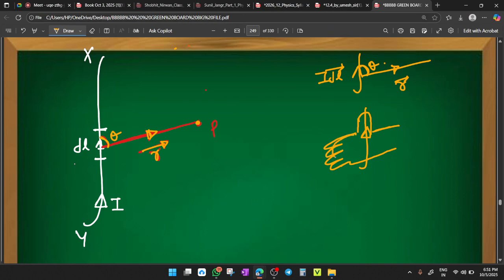Now just fold the fingers surrounding the current conductor. You see, towards the area of your wrist, all the fingers are moving inside. Yes or no? In the same way, the magnetic field will penetrate the diagram, going inside the plane, the lines of force penetrating inside the plane of paper, right?